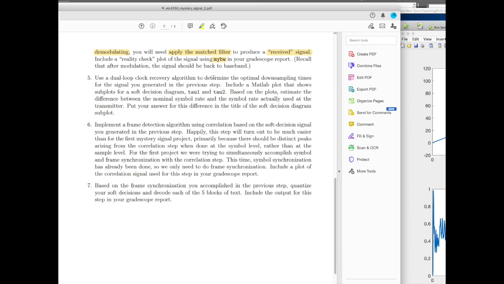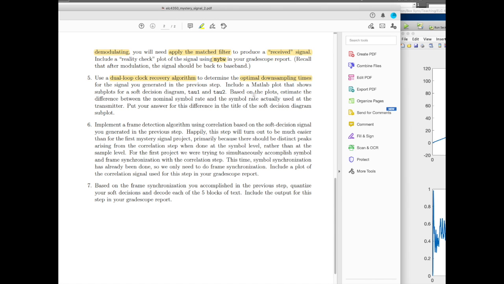Next, from here, we're going to use the clock recovery algorithm to determine the optimal downsampling times. So you would paste that code in, and make any adjustments that you might need to make. This is where you'll need to know the nominal upsample factor M that goes into that code.